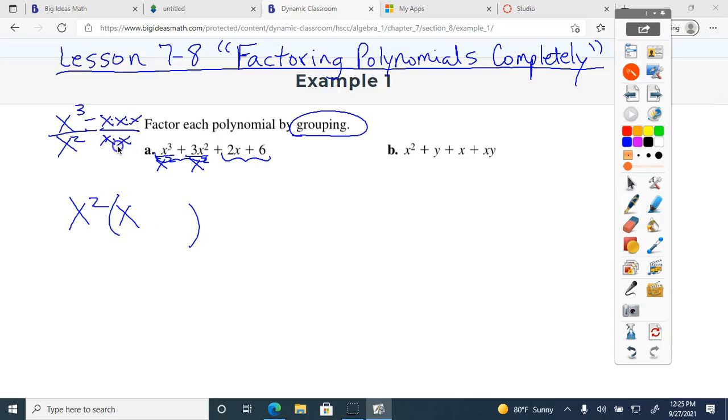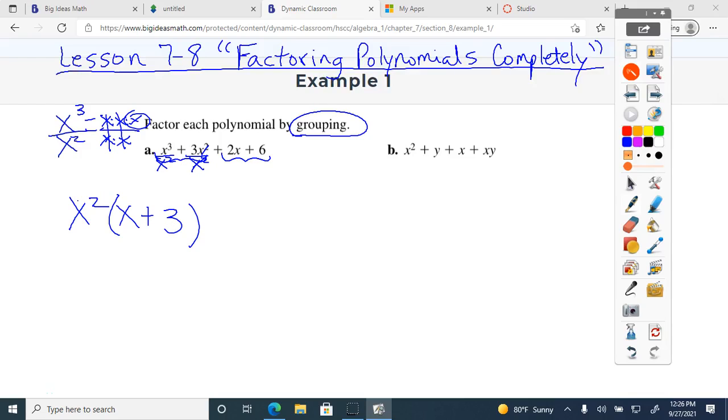On bottom we have 2. Cancel, cancel. You have 1 left. Or you just say 3 minus 2 is 1. Okay? So x. Here the x squareds cancel. We're left with 3. You can always check it. Just in your mind, distribute it back in and make sure you get your question back.